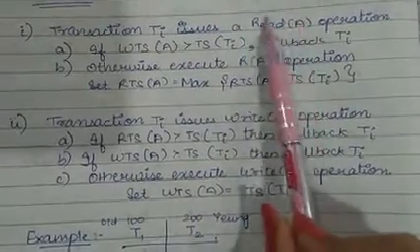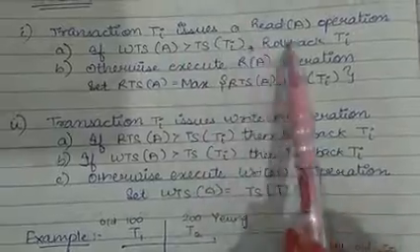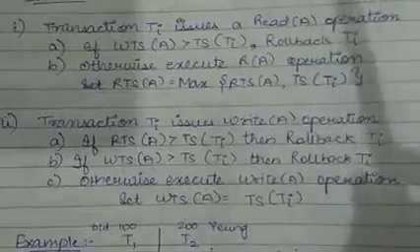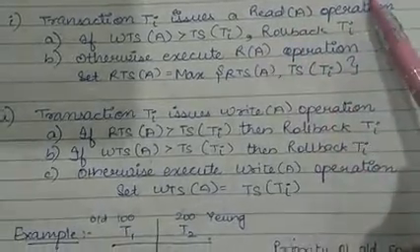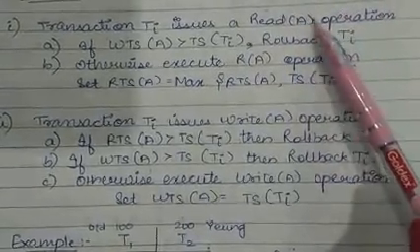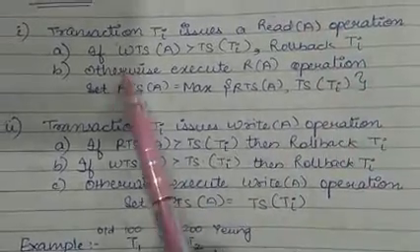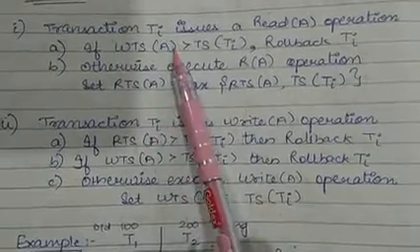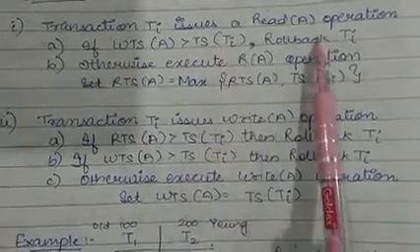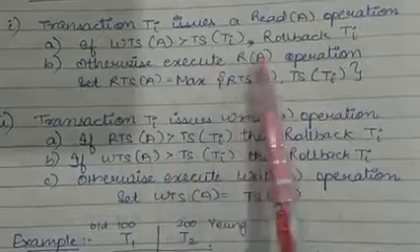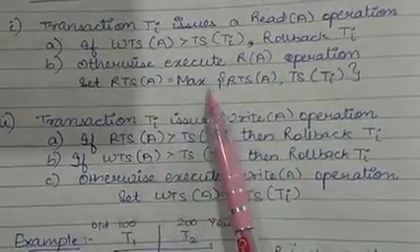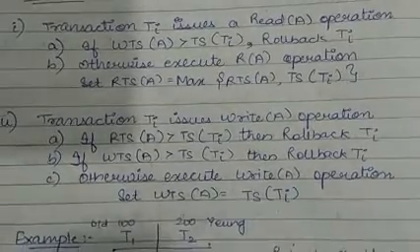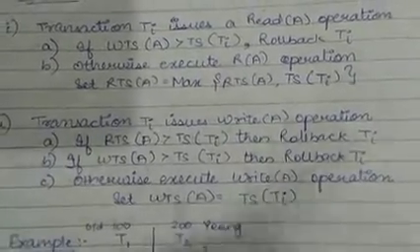This is my rule for variable A. If any other variable named B, C, D, E comes, the rule will be modified according to the variable. So if transaction Ti issues a read A operation, then if WTS A is greater than TS of Ti, then roll back Ti. Otherwise execute the read A operation and set RTS A to max of RTS A and TS of Ti. These are the rules which we will get to understand after solving a problem.